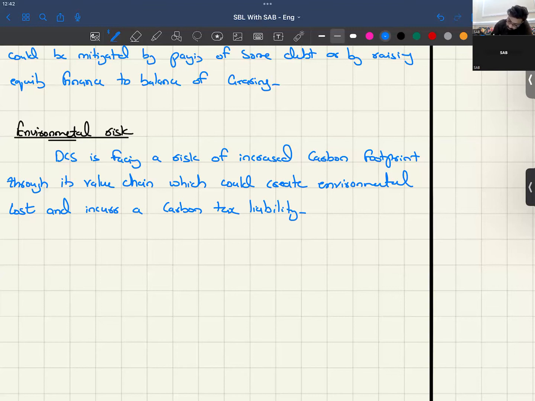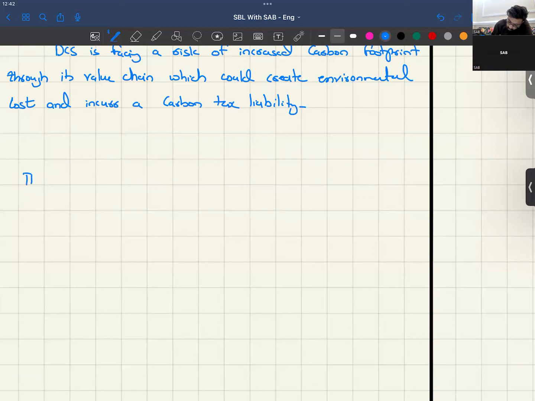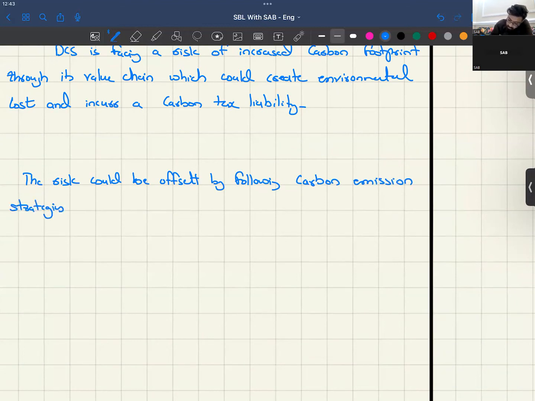The risk could be offset by following carbon emission strategies, right?